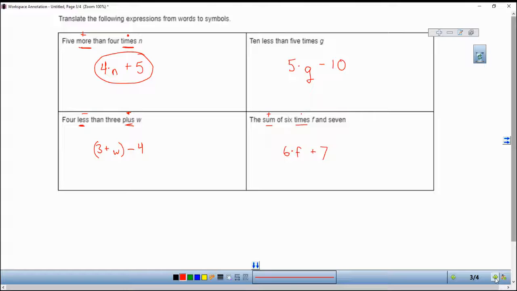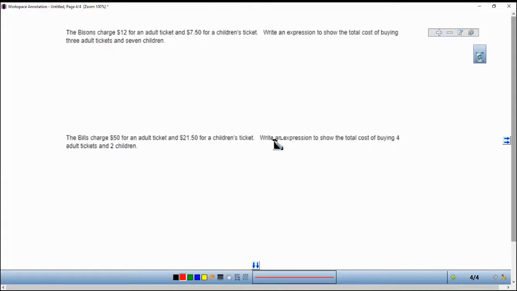All right, the last couple of problems are also expressions. We're going to be writing some numeric expressions, so no variables in these. It says the Bisons charge $12 for an adult ticket, $7.50 for a children's ticket. Write an expression to show the total cost of buying 3 adult tickets and 7 children's tickets.